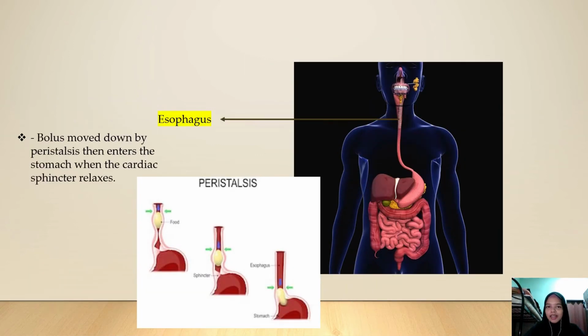In the esophagus, the bolus moves down by peristalsis. Peristalsis is a rhythmic action of contraction and relaxation of the alimentary tract. The bolus will enter the stomach when the cardiac sphincter relaxes.